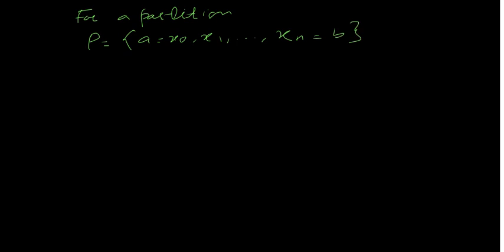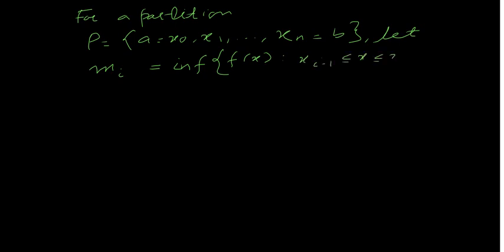Let small mi be equal to the infimum of f of x over the ith subinterval. It's the infimum of f of x, where xi minus 1 is less than or equal to x, less than or equal to xi. Okay, so this x belongs to the ith subinterval xi minus 1 to xi.